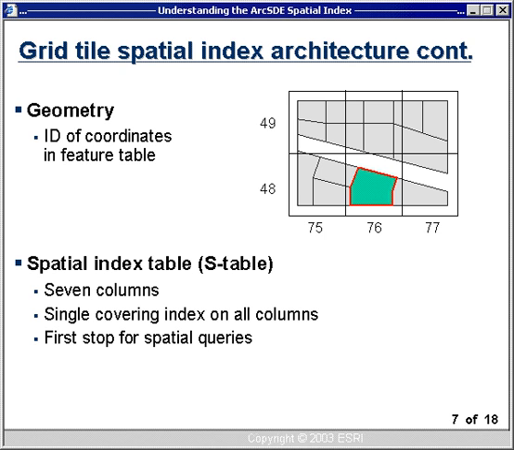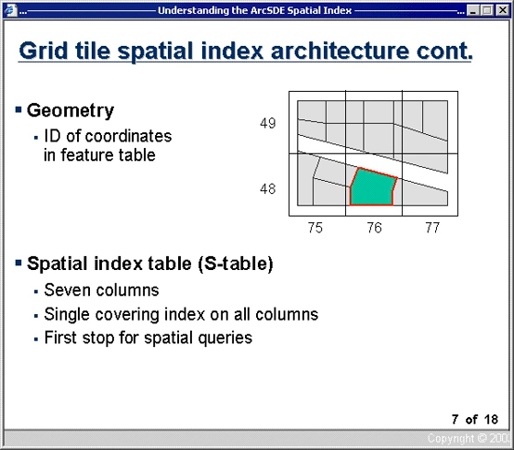So we've got the grid tiles, the shape envelopes, and then the very last column is the shape itself. The last thing we're interested in finding here is the actual shape. What we want to be able to do is use the grid tile and the envelopes to remove as many records from our query results as possible. What we'll pass on to ArcSDE to evaluate further is the shape itself, and we'll see how that works in the next couple of slides.